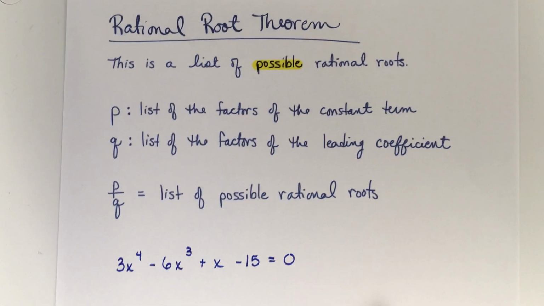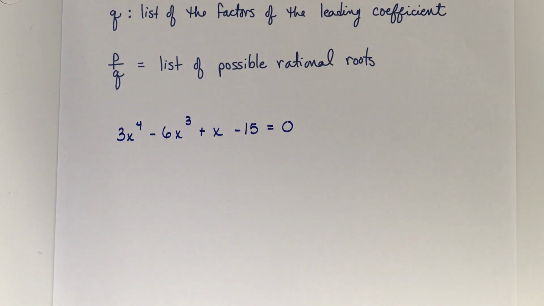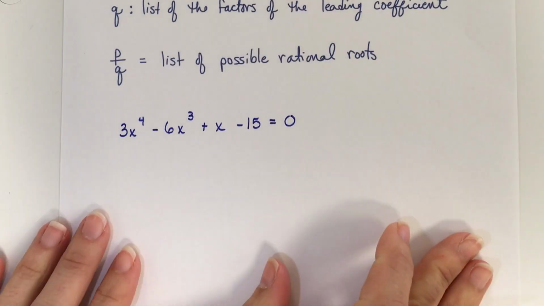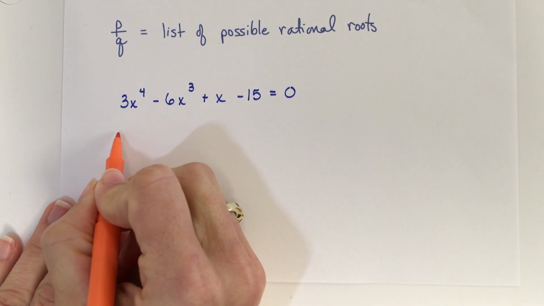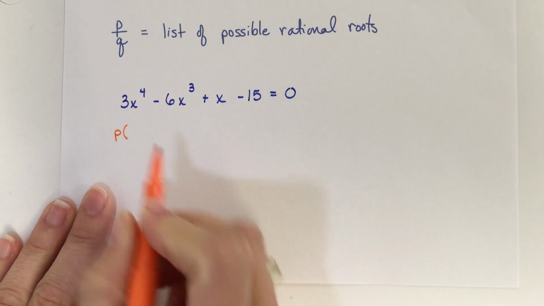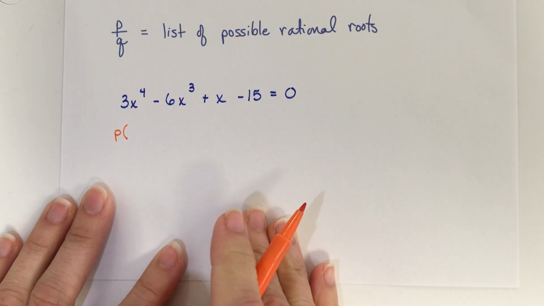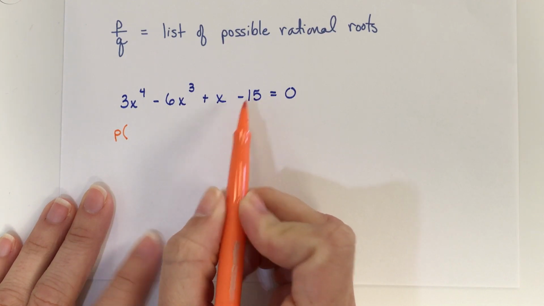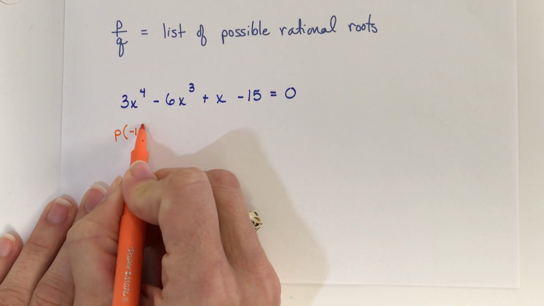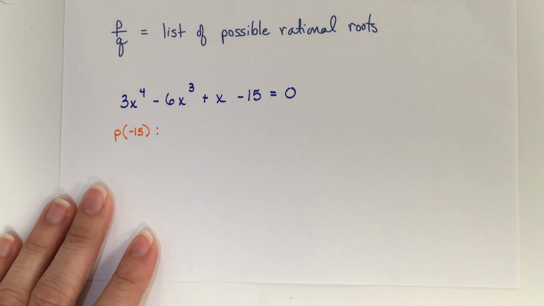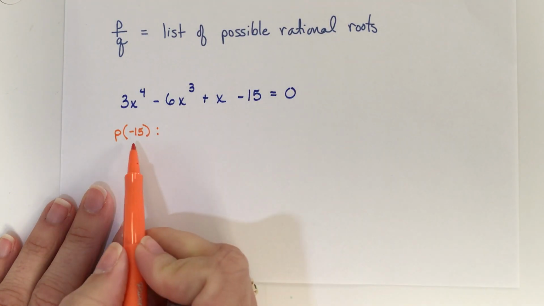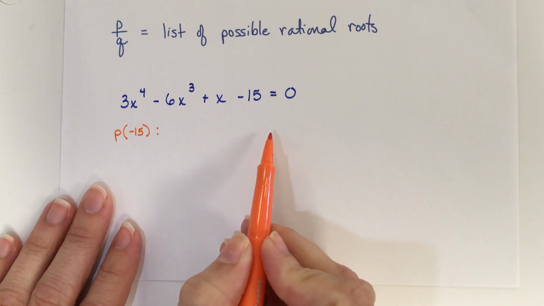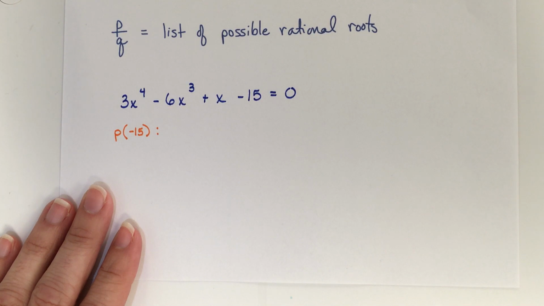Okay, so for this particular example, to get the list, I'm going to refer to P and Q. P, as I had stated, is the factors of the constant term. If you remember, your constant term is the term that doesn't have the variable, in this case, the negative 15. If I want the factors of negative 15, that means I want all the numbers that will go into negative 15. It doesn't matter whether this is positive or negative 15, because when we list all the factors, we're going to list positive and negative anyway.